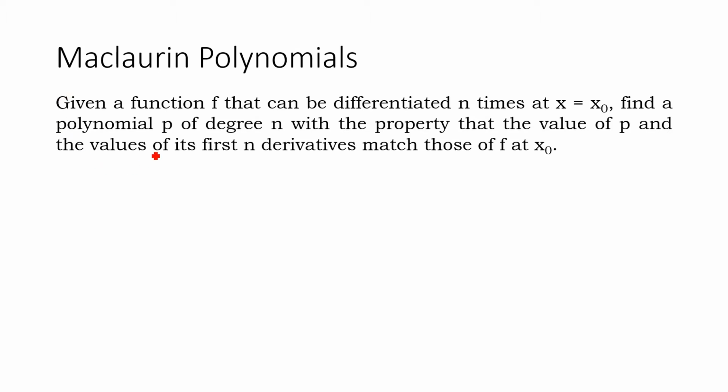Thus, we want a polynomial p of x equal to c sub 0 plus c sub 1 x plus c sub 2 x squared plus c sub 3 x cubed and so on, plus c sub n x raised to n.